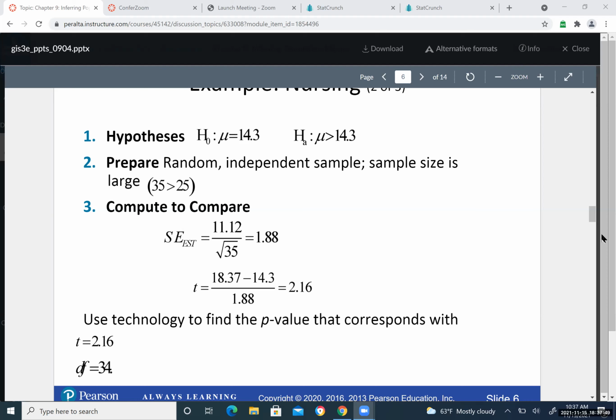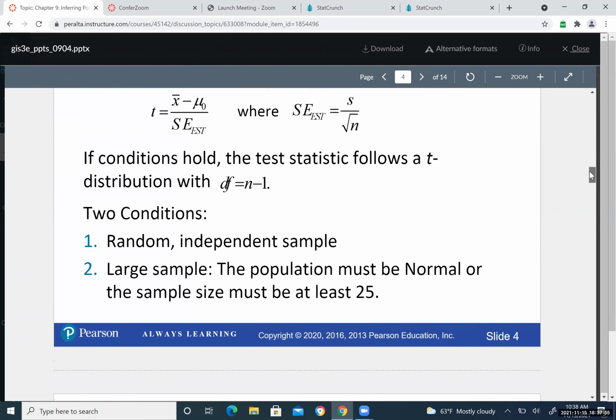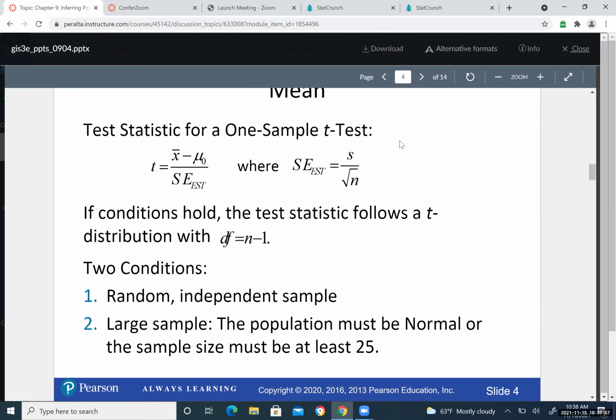So what is 18.37? Let me go back to the formula. Oh, so SE, I'm sorry, I said it wrong. It's S, the standard deviation, divided by the square root of n. So T is equal to X bar minus mu divided by SE.